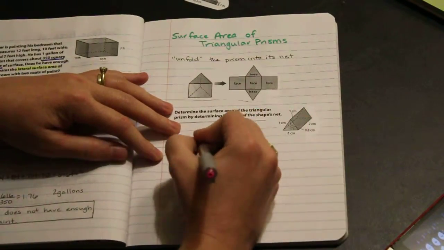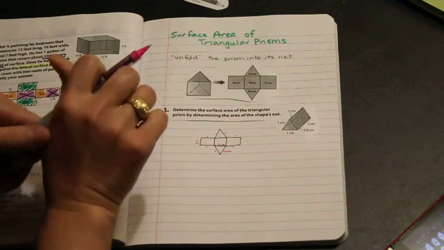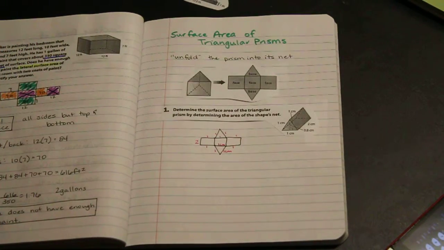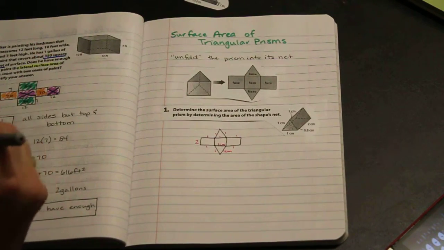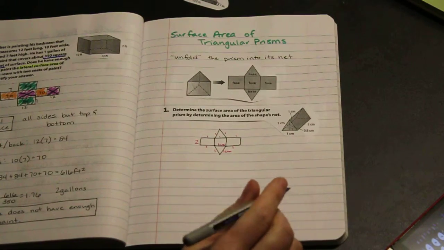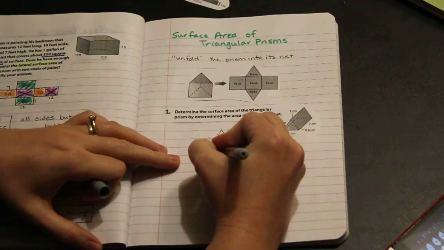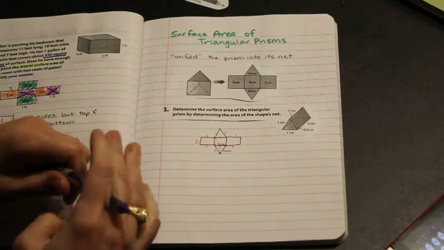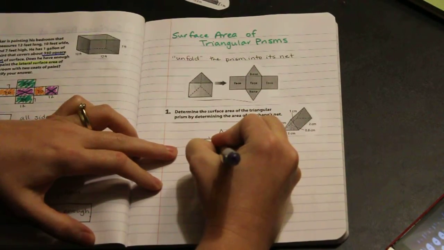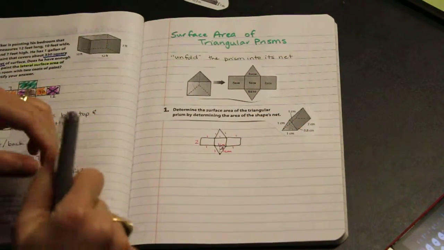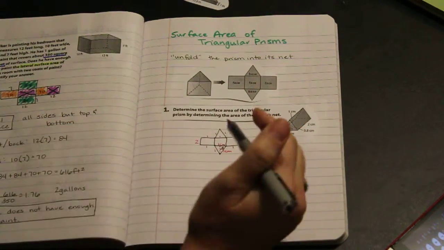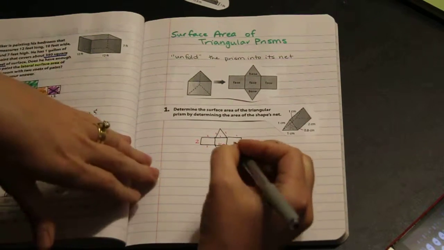And then my height is 2. Now, if you look here, there are 2 heights when you're dealing with a triangular prism, and I should have drawn this a little bit bigger, because you also have the height of your triangle, which in this case is 0.8. So the first thing we're going to do is find the area of our triangle.